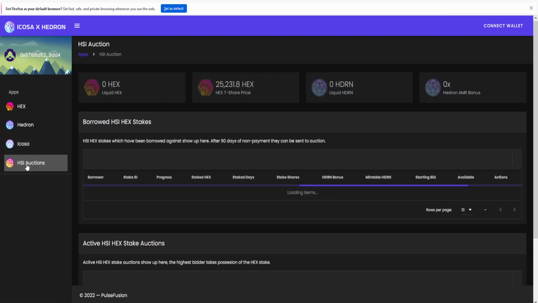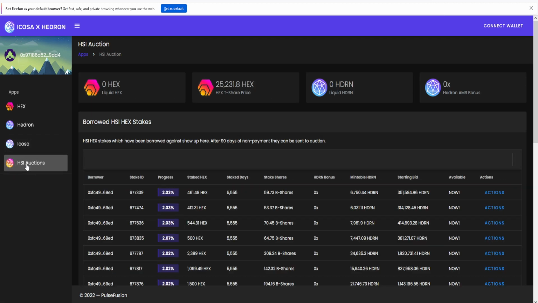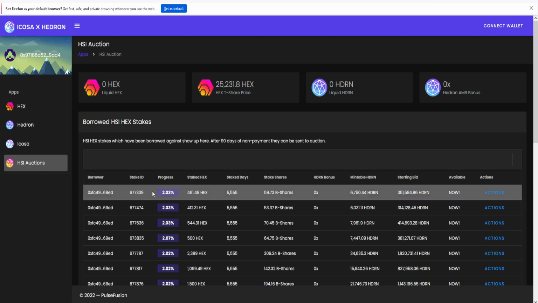So the reward is coming from the burned Hedron. We could see it that way. Hedron is burned, Icosa is created. What happens next? The guy who wins this stake could keep it for himself for a long time, let's say for 15 years, or he could sell it back to the contract and start this process again.